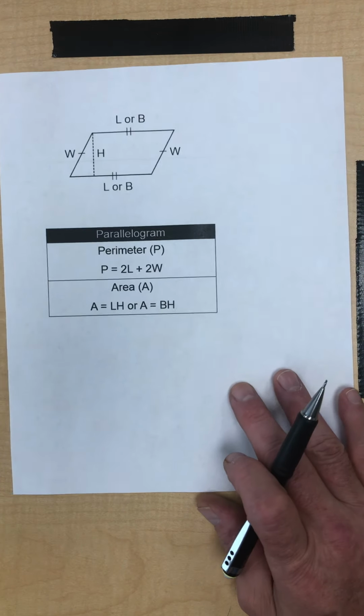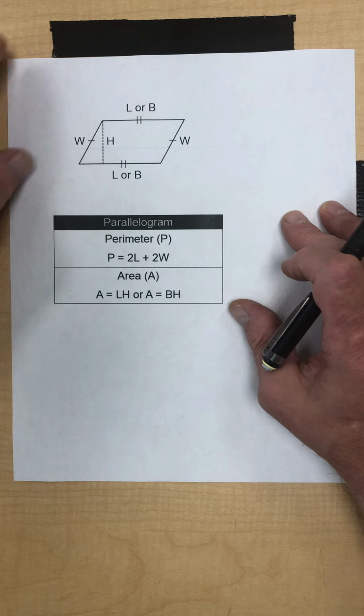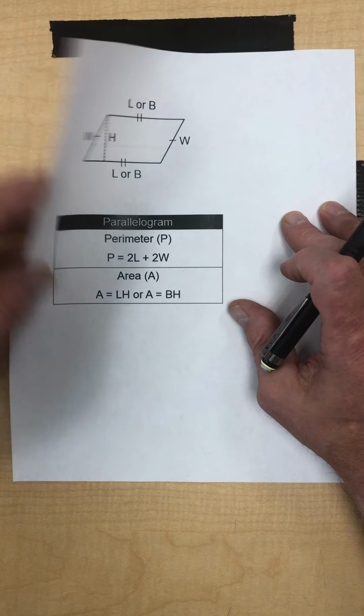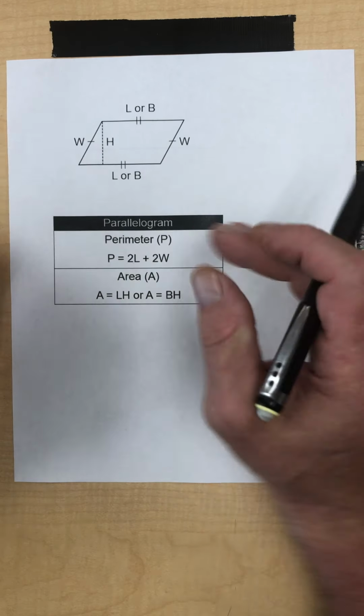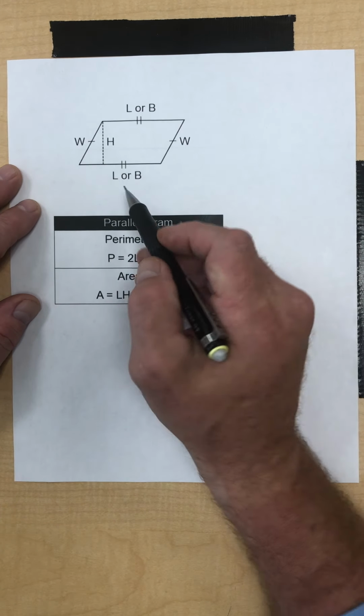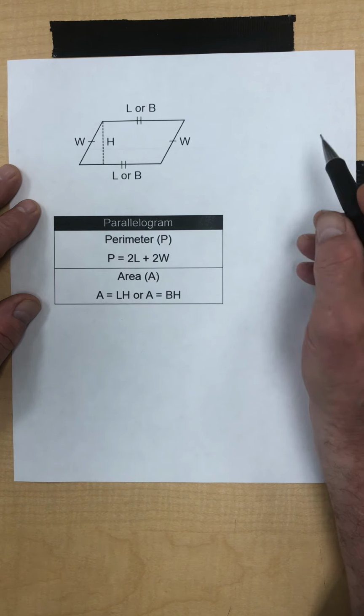Then we have one more figure called a parallelogram. A parallelogram is kind of similar to a rectangle, but it's not the same thing as a rectangle, because it's like we took a rectangle and sort of twisted it a little bit. A lot of times we'll still call the bottom and the top either a length or a base.